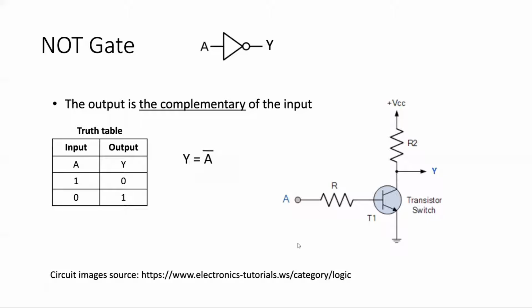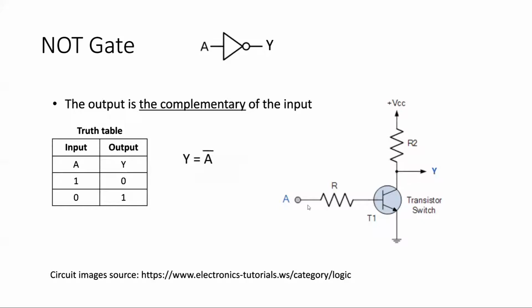And its implementation can be like this using a transistor. So this time we have a transistor, which is like the previous time connected from its base to a resistor, but then its input now is connected to the electricity source by a resistor. And the output is just before the input to the transistor.